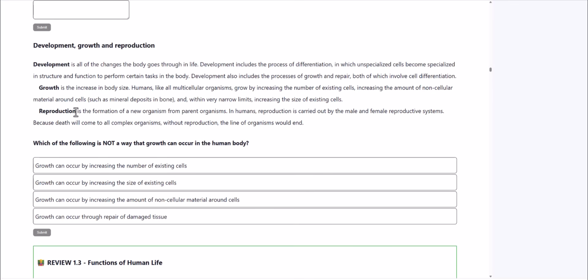Now, reproduction is not a necessary role for you as an individual. We don't have to reproduce, but the cells within us are constantly reproducing in order to maintain our overall homeostasis.